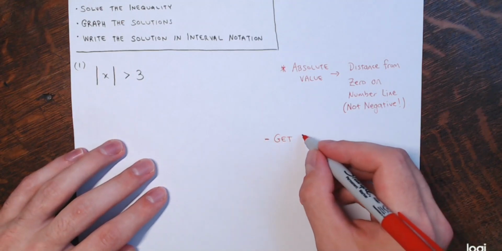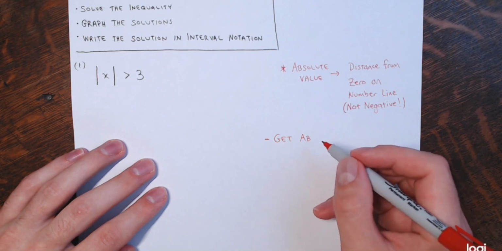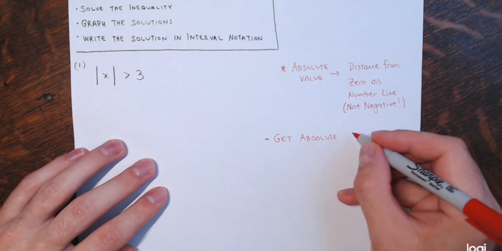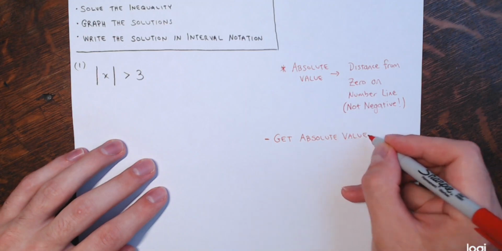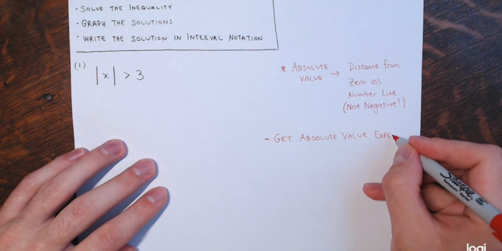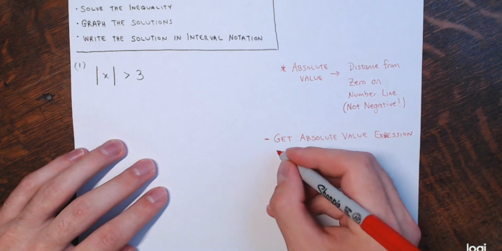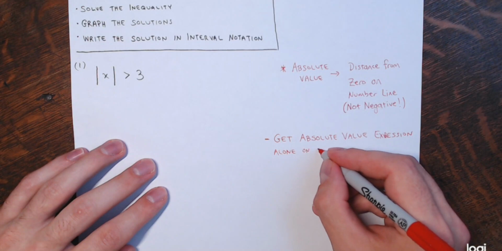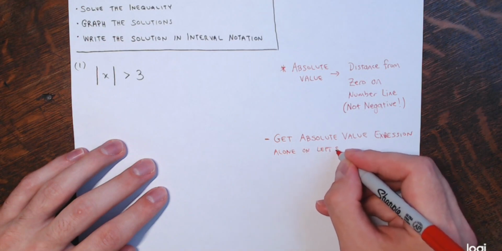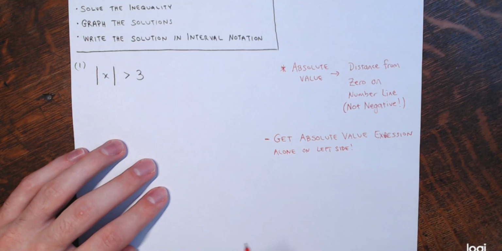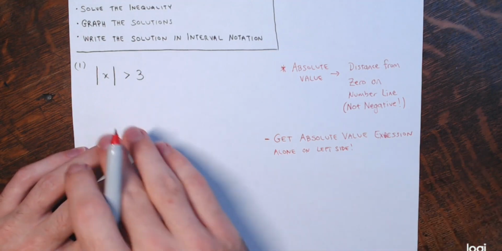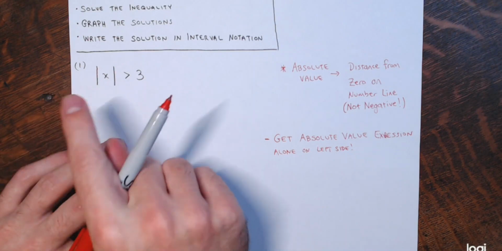So I'm going to say do what you can, whatever legitimate algebra moves you can make to get the absolute value expression alone on one side. Now I'll say on the left side just to stay consistent with the way I've been doing the other videos. And you can do it on the right side if you wish, but I'm doing it on the left side, so when we read it, we'll see something like this.